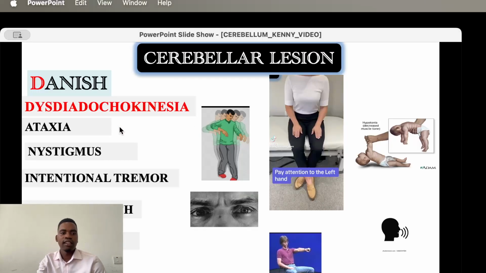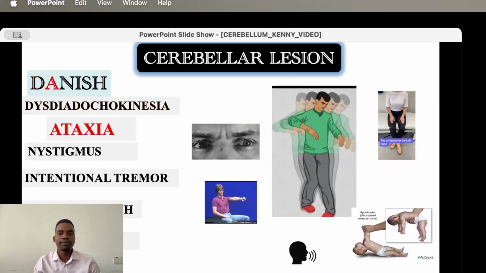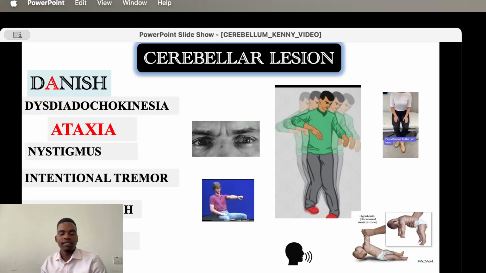Then A in Danish is for ataxia, which is when someone cannot coordinate movement. Dysdiadochokinesia is some form of ataxia because we have lost coordination of the specific part, which here are the proximal and distal muscles of the upper limb.